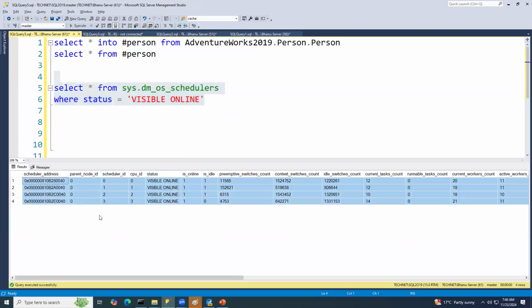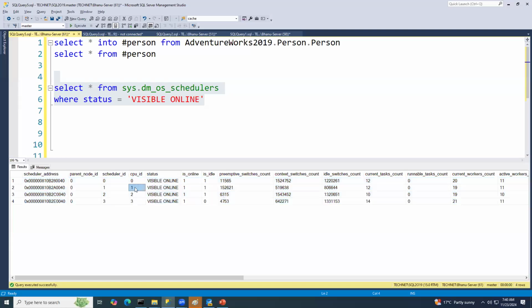Suppose I have 4 CPUs, I will have 4 schedulers.